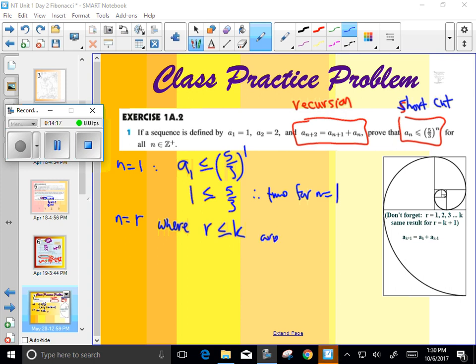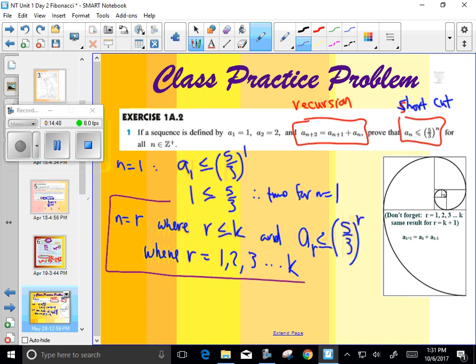And a of r is less than or equal to 5/3 to the r, where r equals 1, 2, 3, ... to what? R. Close, k. This is the strong induction part.